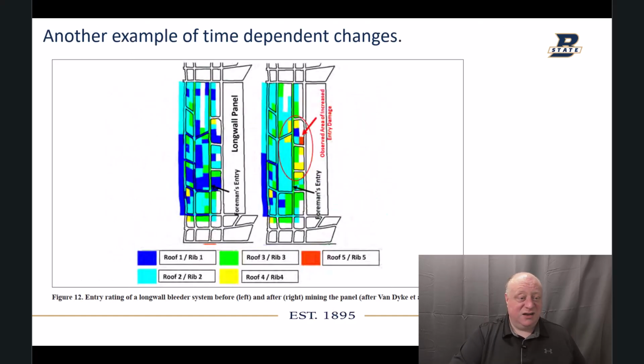So you can do that. There's also another example here of time-dependent changes. This is observed conditions of bleeder entries before and after the panels were mined, right? So after the panel was mined, you do see additional loading, movement, that sort of thing. So you can do that too.